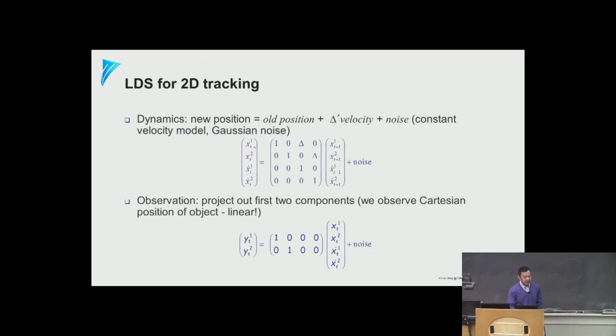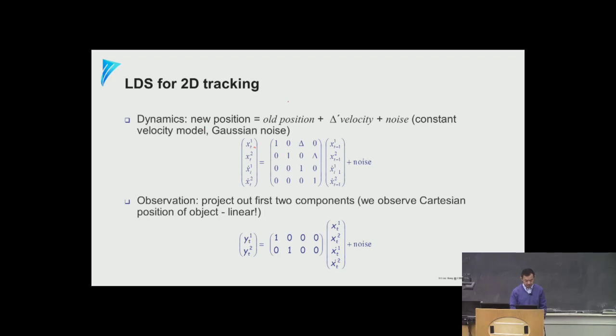And again, just to make it concrete, a very concrete example. This example is a little bit peculiar. We define the latent space to be a 4-dimensional space. Imagine just a 2-dimensional motion.